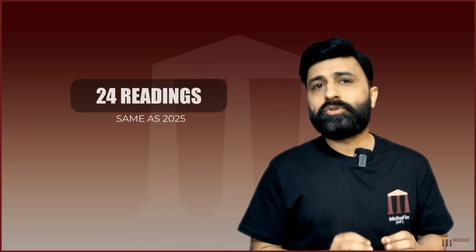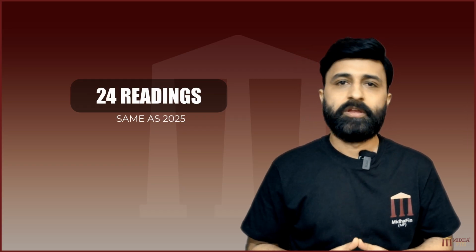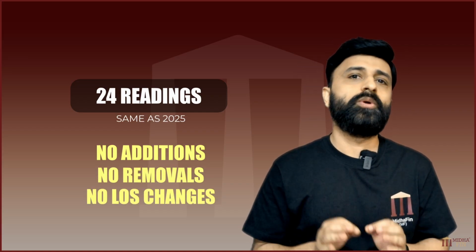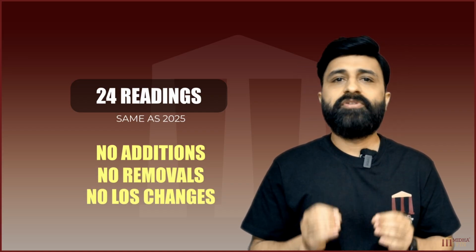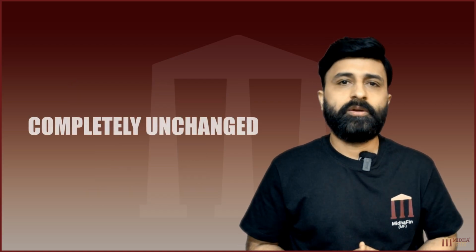Operational risk and resilience is the only Part 2 module with absolutely no changes for 2026. This module continues to have 24 readings, exactly the same as in 2025. So there are no additions, no removals, no relocations, and no learning objective changes. Every learning objective remains identical from 2025.